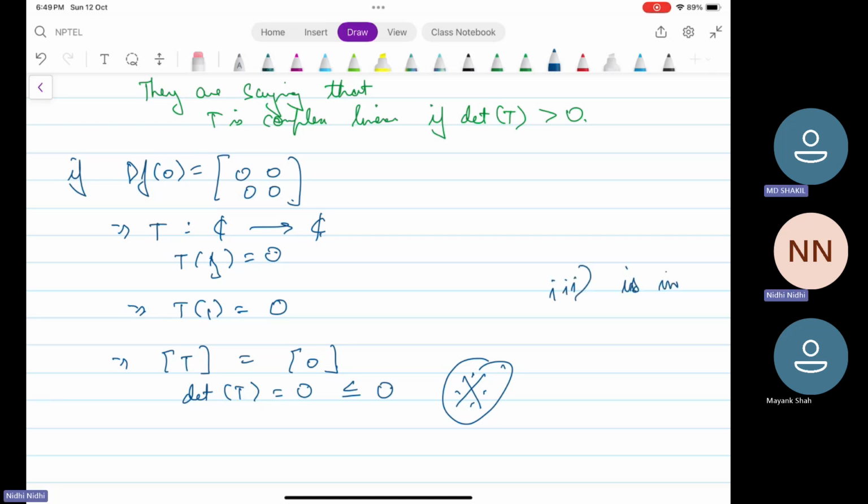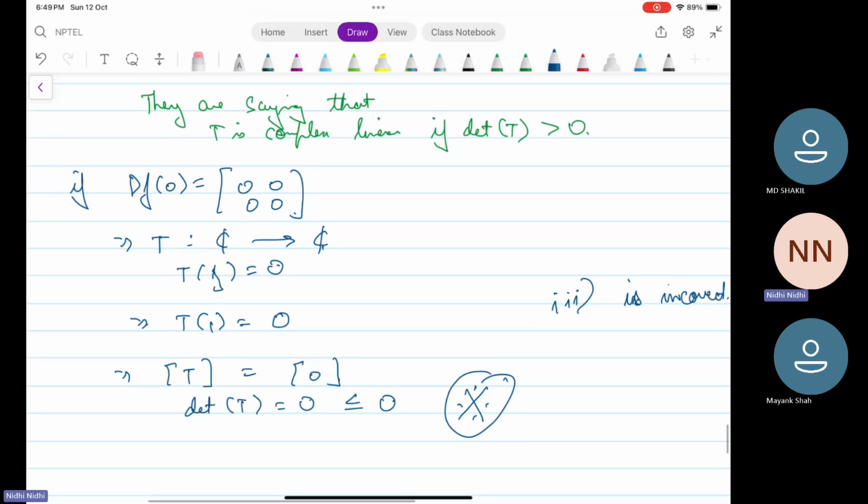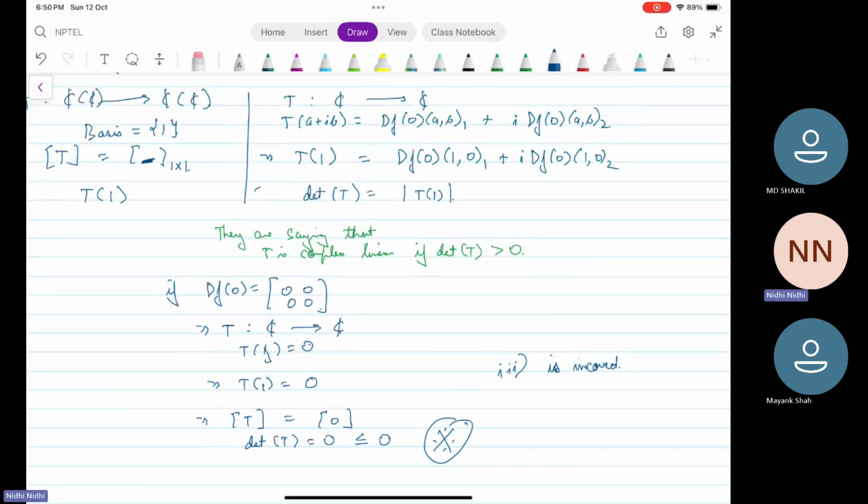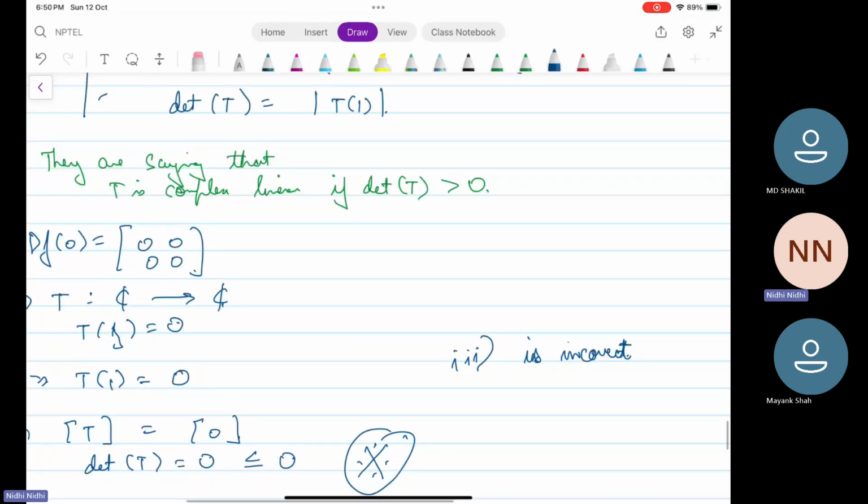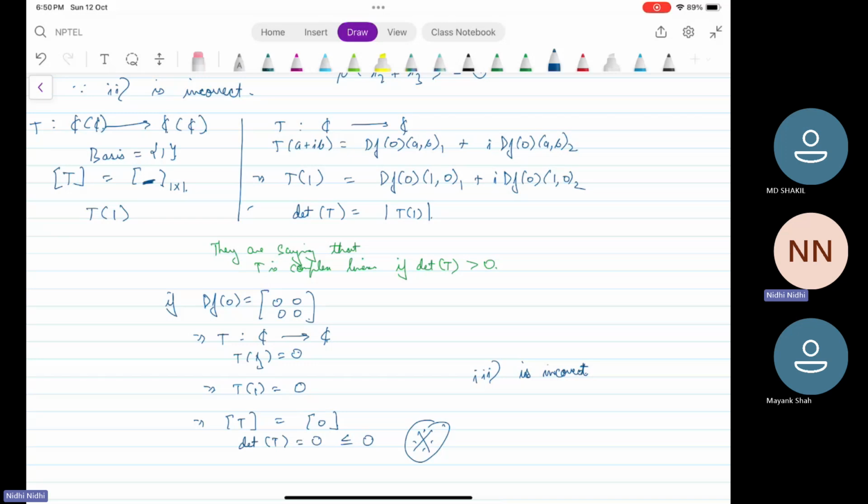The image of one is the determinant of each matrix here. Because our vector spaces are just one dimensional, going from a one dimensional vector space to a one dimensional one, the matrix would be a one cross one matrix. And we know how we define this matrix: it is just the column-wise image of the basis elements.